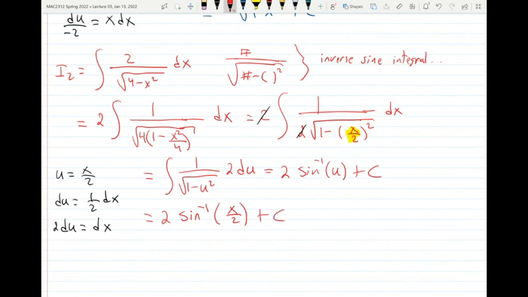So again, what I was saying earlier, now that you're seeing it, is that if you want to do this integral directly, you could say, oh, this is inverse sine of x over 2. But remember, you have to take into account the chain rule. If you take the derivative of inverse sine of x over 2, you're going to get this expression, but then times 1/2, right? You need to get rid of that 1/2 because we don't have 1/2 here in the integral. And that's why you need the times 2 here outside.